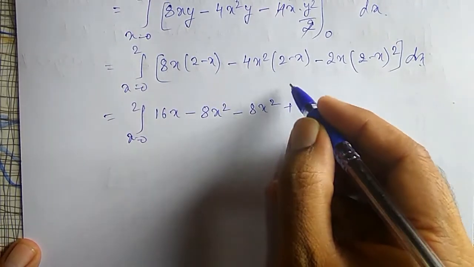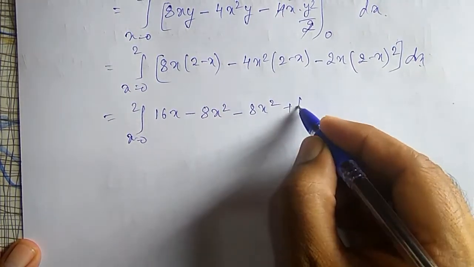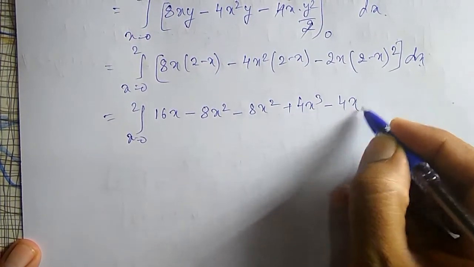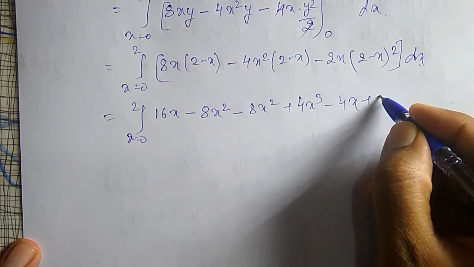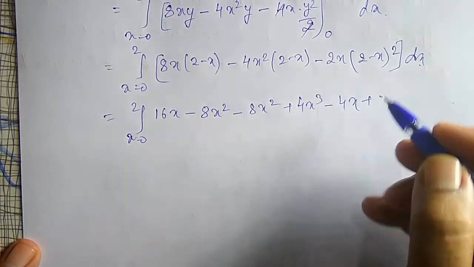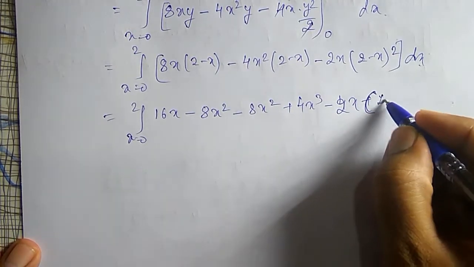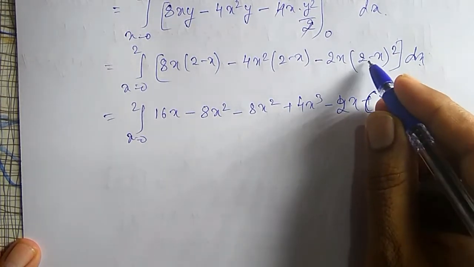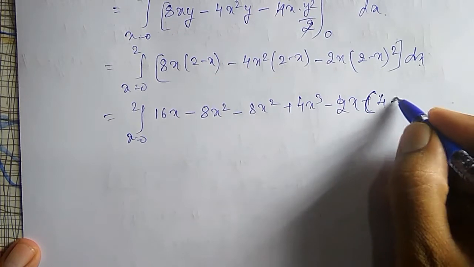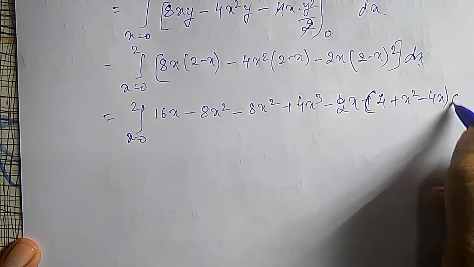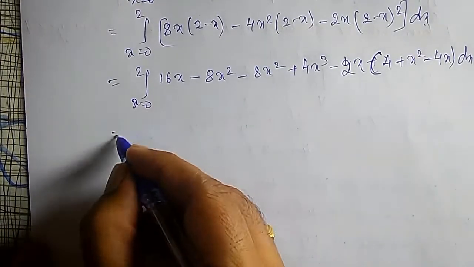Minus of minus plus 4x cube, minus 2x into bracket. This one I have to expand first: a minus b the whole square, 2 square plus x square minus 4x, into dx. This one I will simplify.